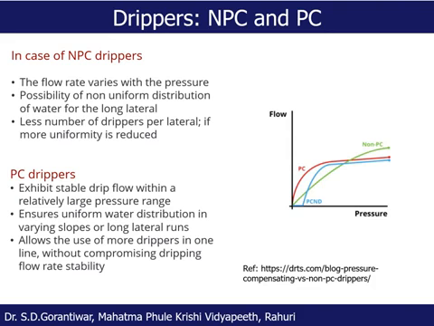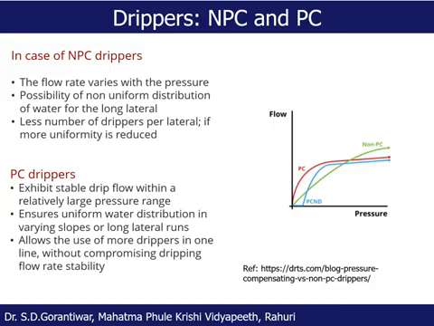So this means that if we install the dripper and measure the discharge of the dripper at the head, it will be more, and the discharge at the tail will be less. If we give an example, normally the pressure is to be maintained at 1 kg, or 10 meter.